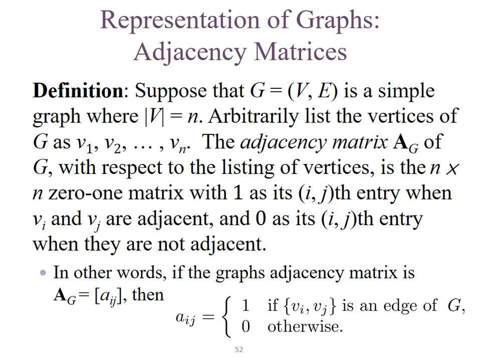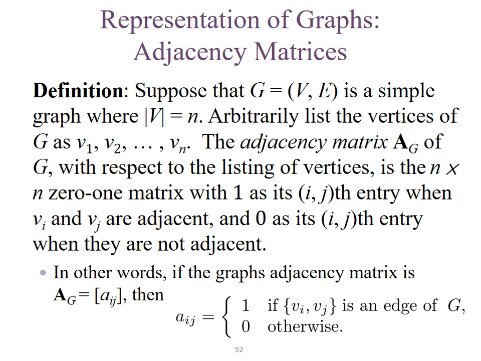Right? Next representation is the adjacency matrix. So if we have a graph with n vertices, the adjacency matrix dimension will be n by n.